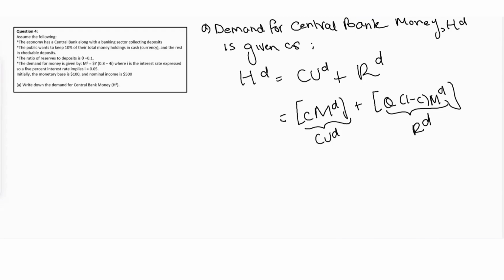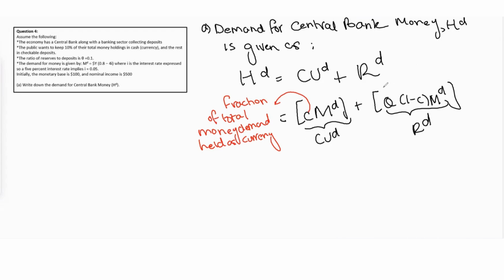Now over here, C, we know small c, represents the fraction of total money demand held as currency. Right, so that's why demand for currency can be written as C times MD, because C represents how much fraction of this total money demand MD you are keeping in the form of currency.